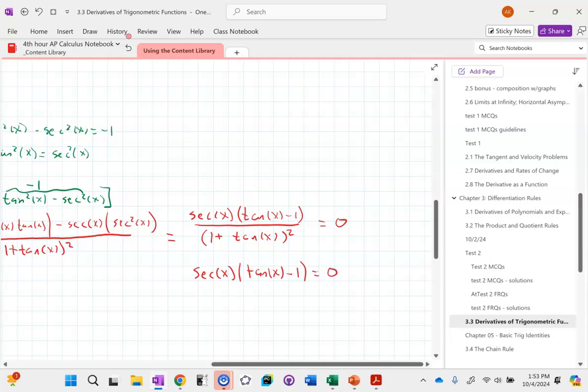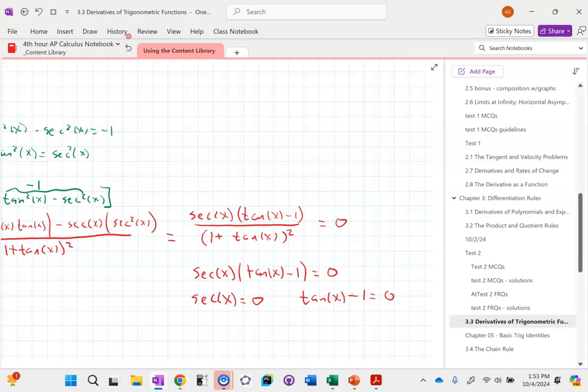So let's just set the numerator equal to 0, and then we'll also have to make sure that none of the solutions we get actually make tangent equal to negative 1, right? Because that would give us a 0 denominator, and we can't have 0 over 0, right? You guys okay? All right. So since they're multiplied together, I can use a zero product property and set each term equal to 0. So far, so good.